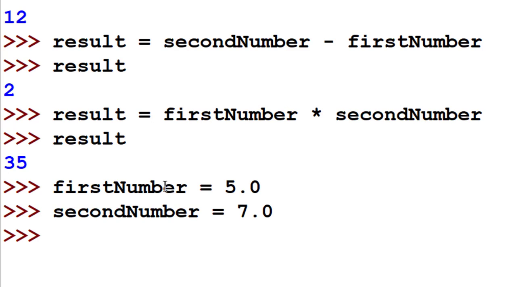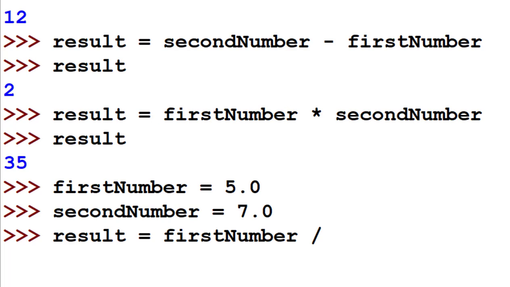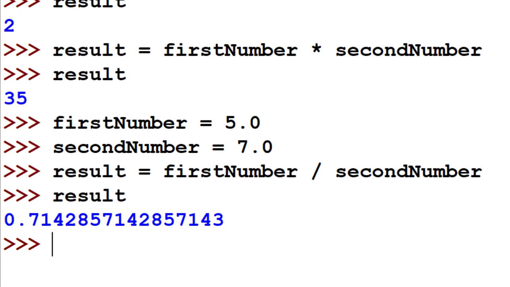So if we divide the first number by the second number, we should have a decimal value. So the result will be equal to first number divided by the second number, or in this case 5.0 divided by 7.0. And in this case, our result is a decimal value as we expected.